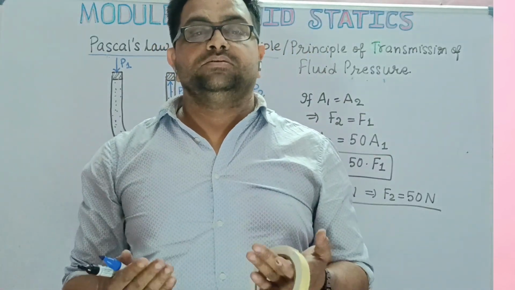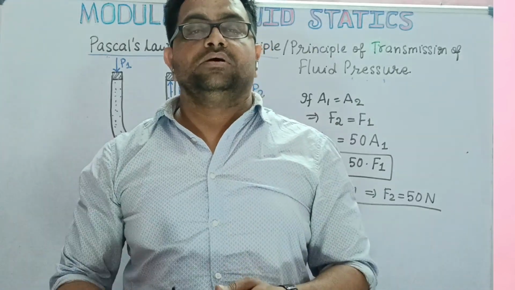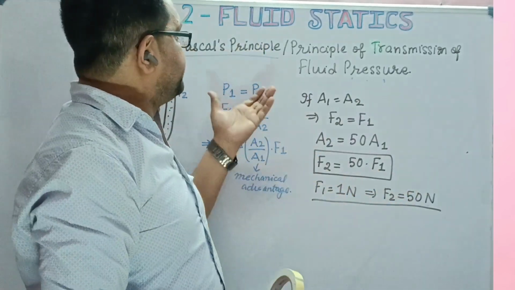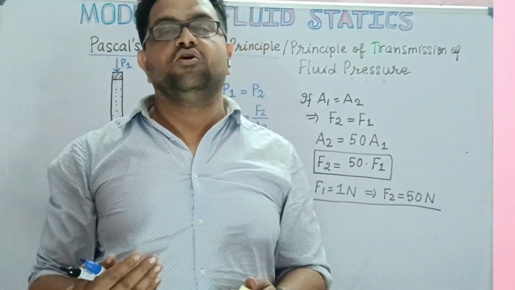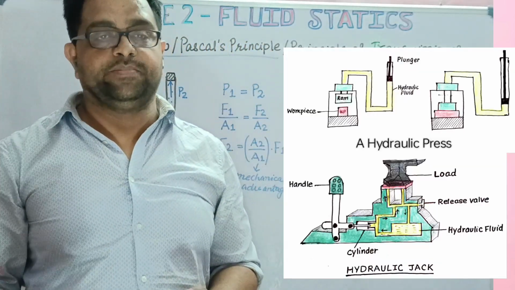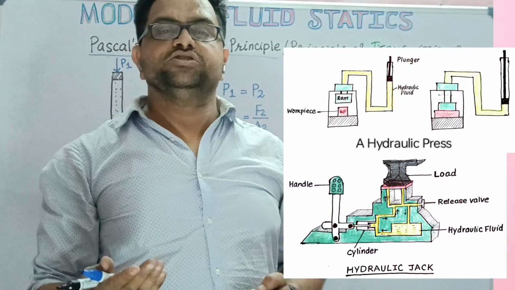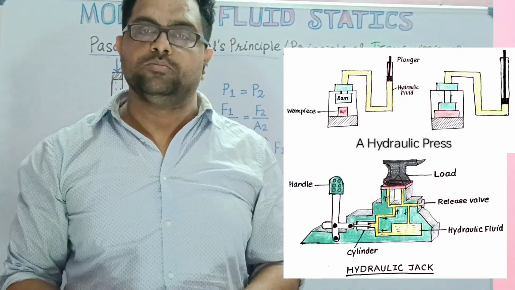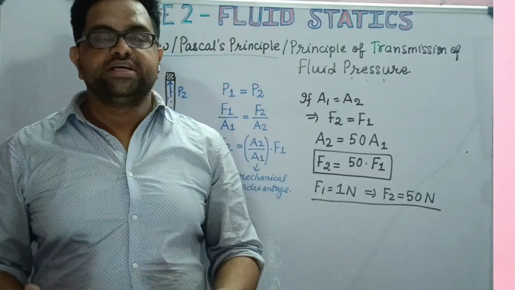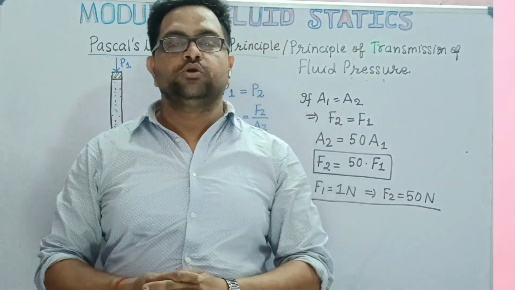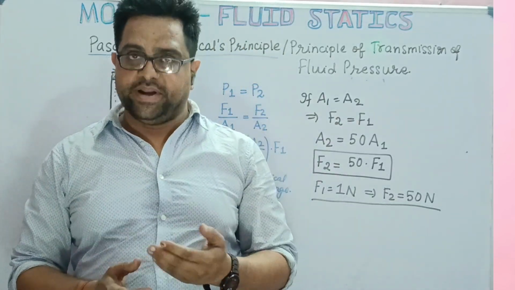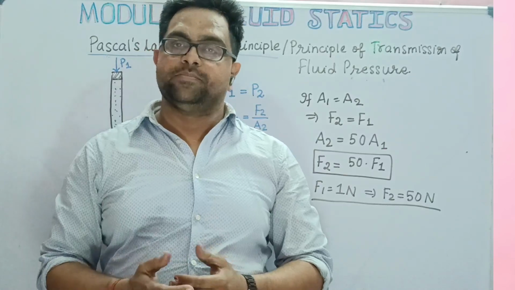And this Pascal's principle, the principle which we talked about, is used in operation of many devices such as the hydraulic press, or even in case of hydraulic jack, which is used in automobile service stations. There are many more examples in which this principle is being used, which includes the hydraulic braking systems or the hydraulic pumps.